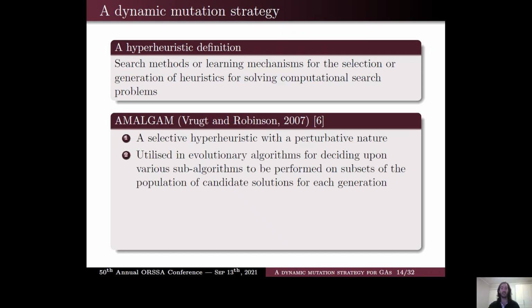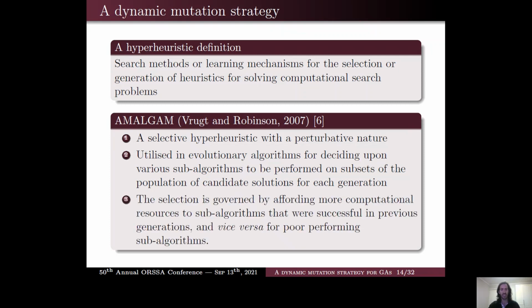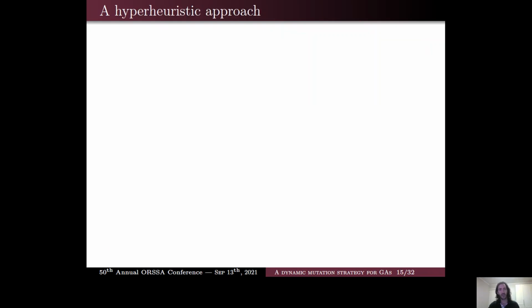It is utilized in evolutionary algorithms for deciding upon various sub-algorithms to be performed on subsets of the population of candidate solutions for each generation. The selection is governed by affording more computational resources to sub-algorithms that were successful in previous generations, and less computational resources to sub-algorithms that performed poorly in the previous generations.